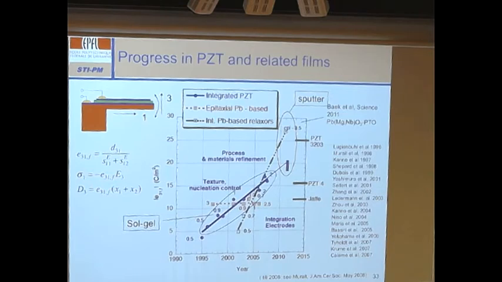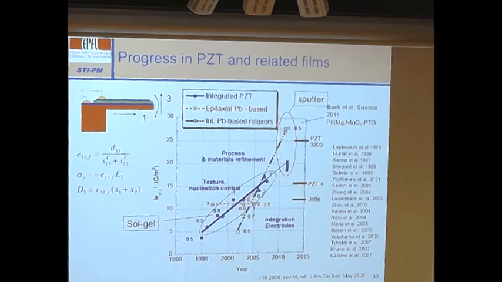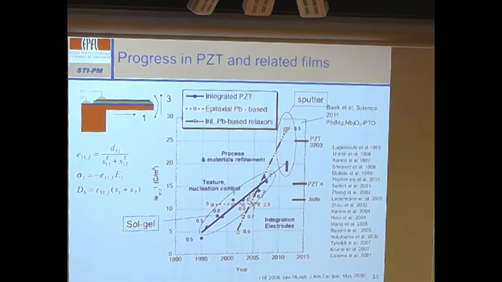I think it has to do with mechanical constraint. That's PZT, that's PMN-PT. It was first sol-gel, and then some people came with ferroelectric sputtered films, epitaxial ones. And that's now sputtered films as well.